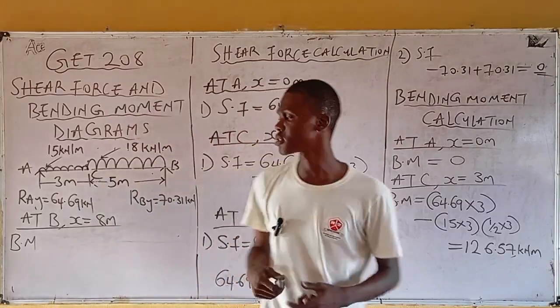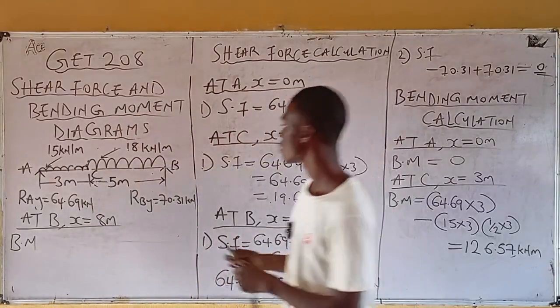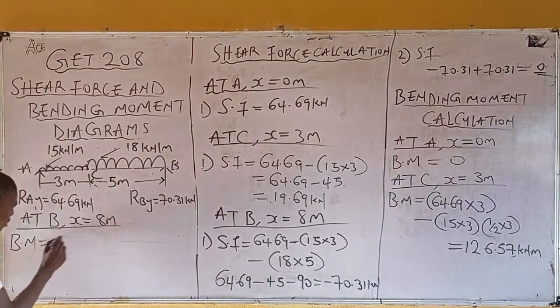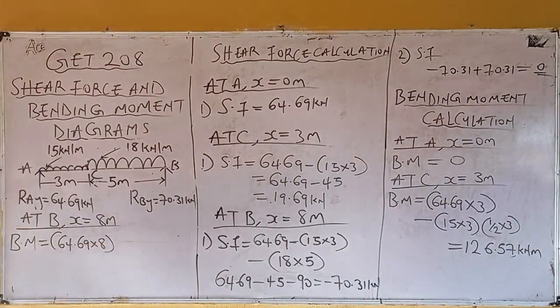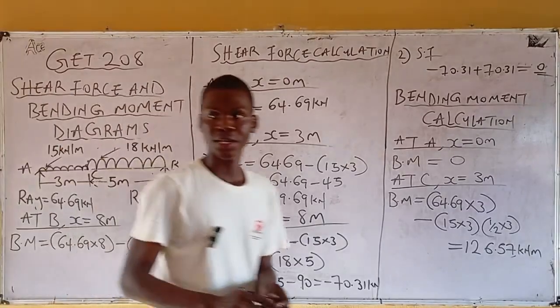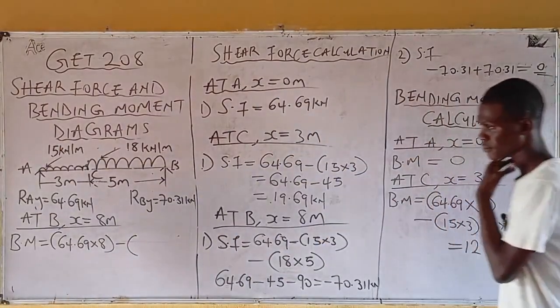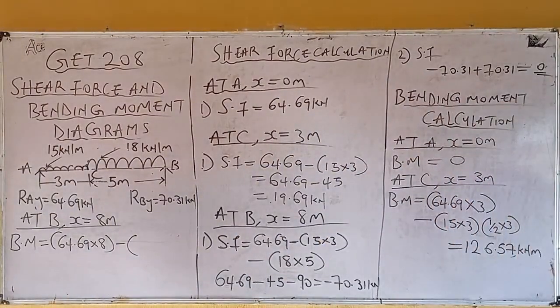That will be 64.69 times 8, minus 45 times 6.5, minus 90 times 2.5. Alright, do you agree with me?